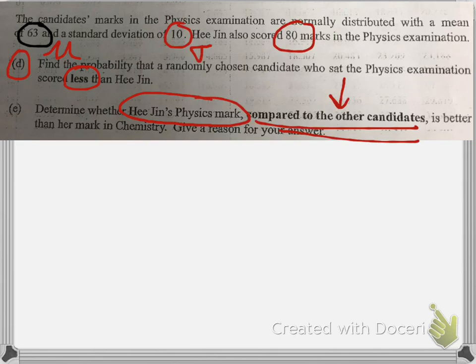So this is where the z-scores really come in handy because it gives you a sense of how you compare relative to the other people who scored on the same exam.